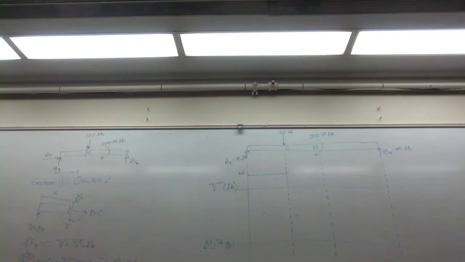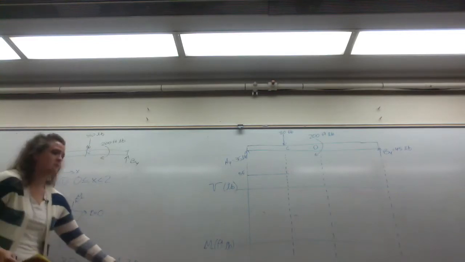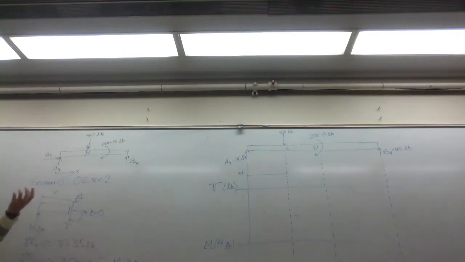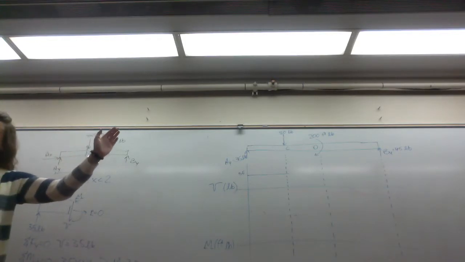But my moment is changing as a function of x, and that's why I have a first order polynomial. As x changes from A to C, does my moment increase or decrease in magnitude? Increase. And we can see that conceptually, right? As we move further away from a fixed connection, our moment increases.